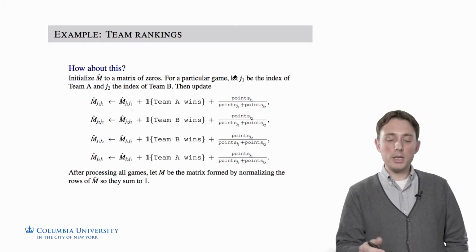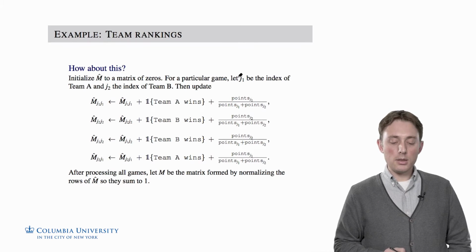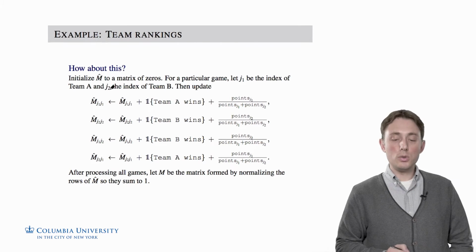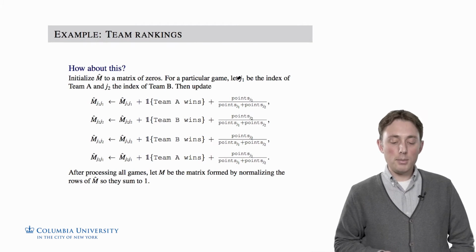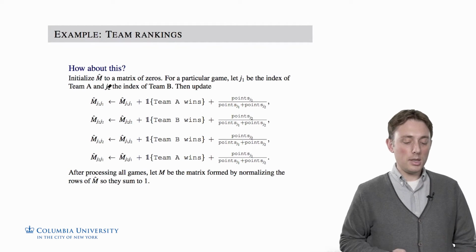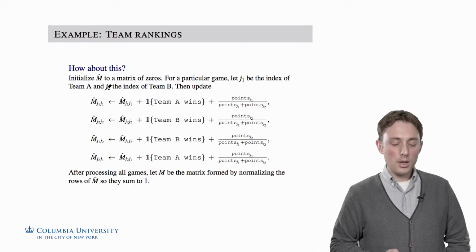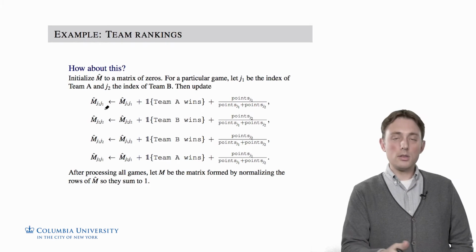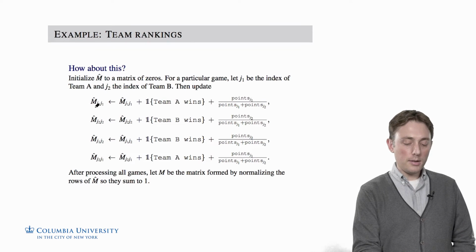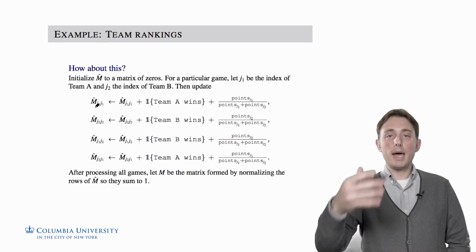If we have a particular game between team J1, so this is the index of team A, J1, and the index of team B, say, is J2. So imagine we have a game between the team with index J1 and the team with index J2. Then we update the transitions in this way. So we want to update the probability of transitioning from team J1 back to team J1.